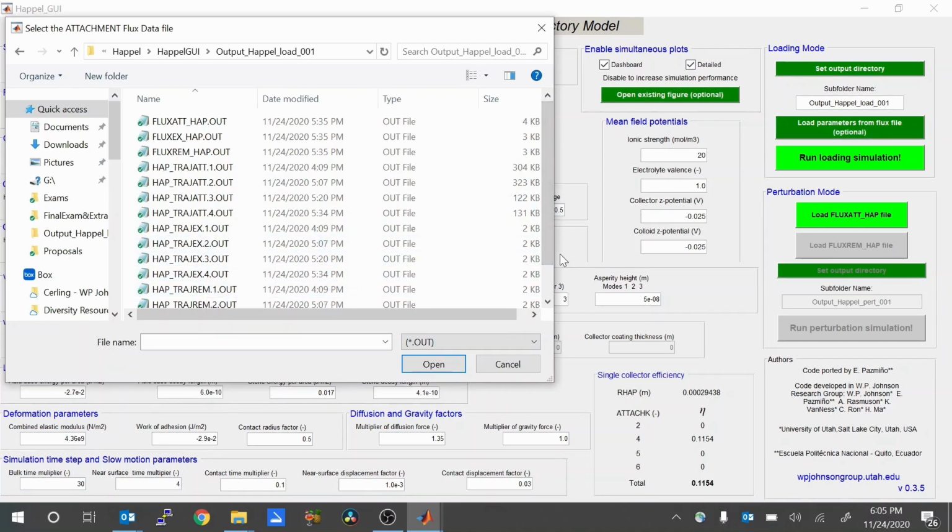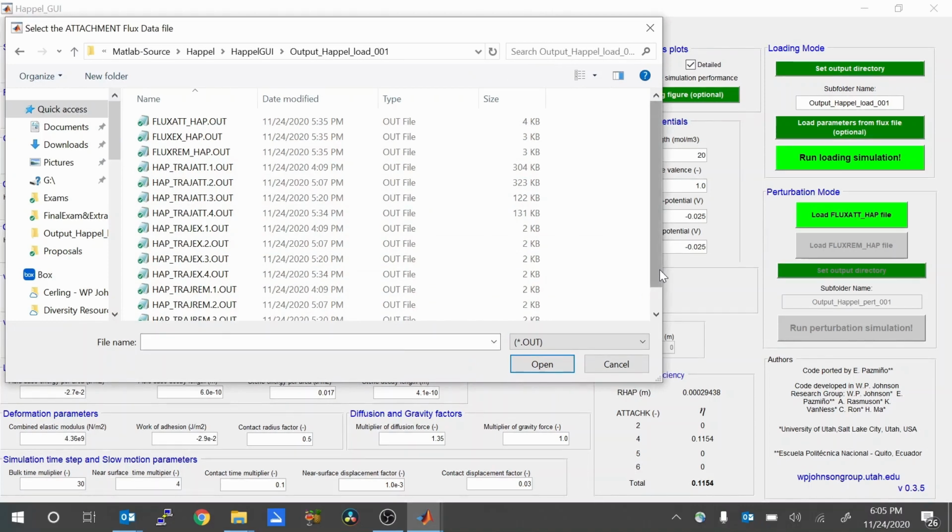Now, we create files for all possibilities, but the ones that are greater than 2 kilobytes are the ones that have significant information. So, Traj Hap 1 through 4, all those have significant sizes because all 4 particles attached. If one had not attached, say particle 4 had not attached, but instead exited, then this EX4 would have been populated with significant information.